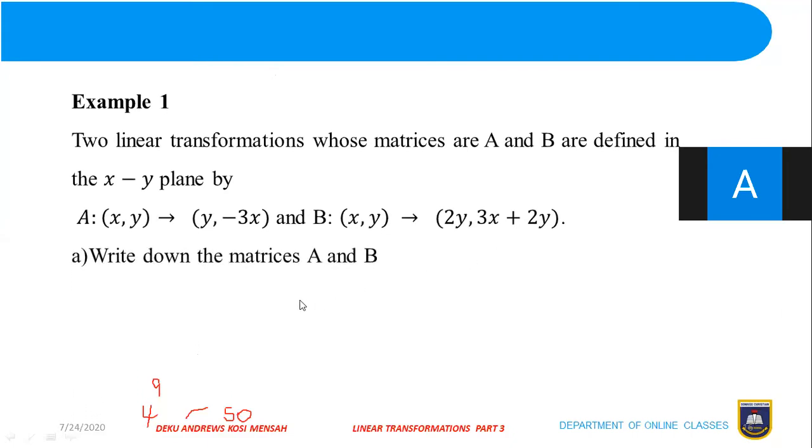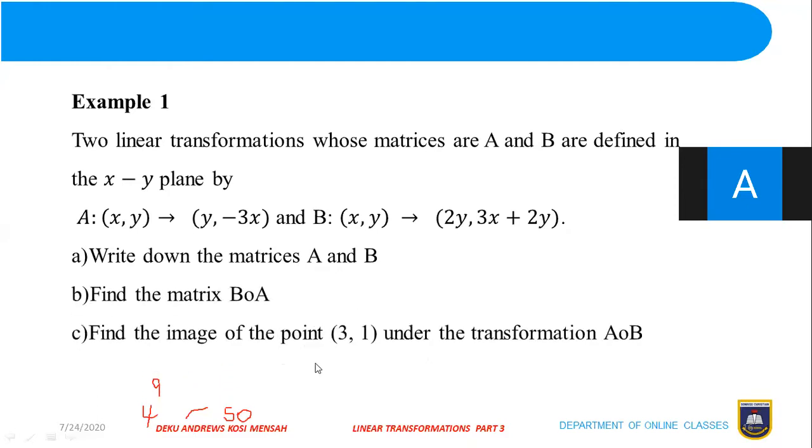Write down the matrices A and B, find the matrix BOA, and find the image of the point 3, 1 under the transformation AOB. Who can tell us the matrices A and B?